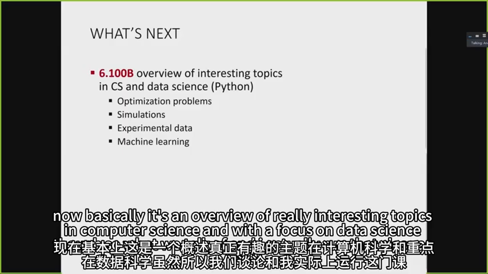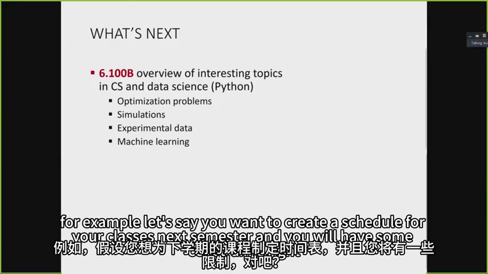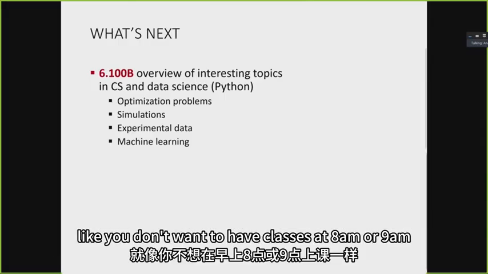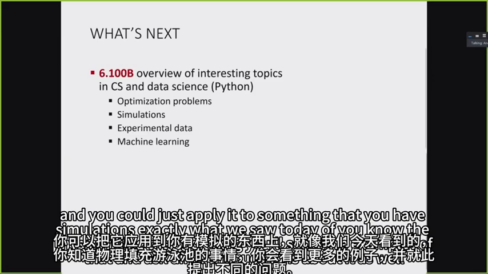And I actually run that class as well. So what we talk about there is optimization algorithms. So for example, let's say you want to create a schedule for your classes next semester, and you will have some constraints, right? Like you don't want to have classes at 8 a.m. or 9 a.m. or 10 a.m. or 11 a.m., and you want it to all be within some time limit or things like that. An optimization algorithm could be something that you write, and you could just apply it to something that you have.